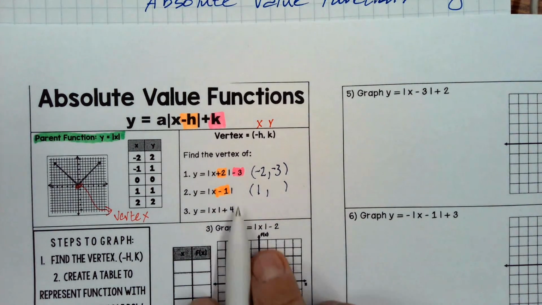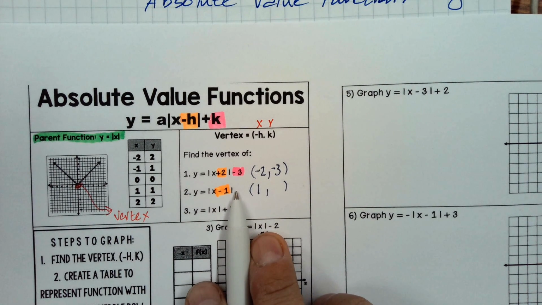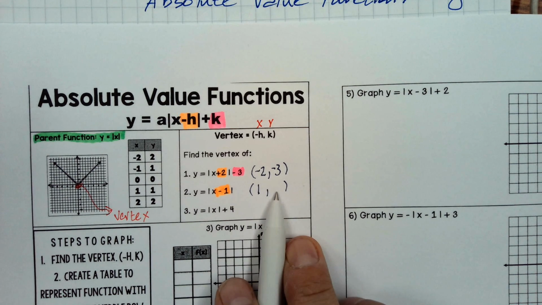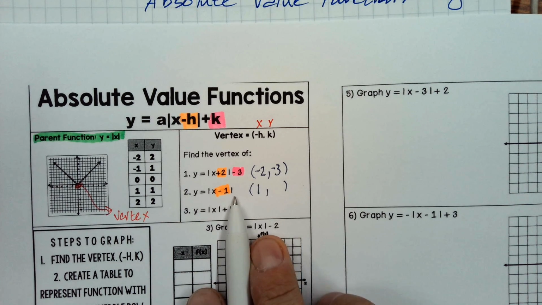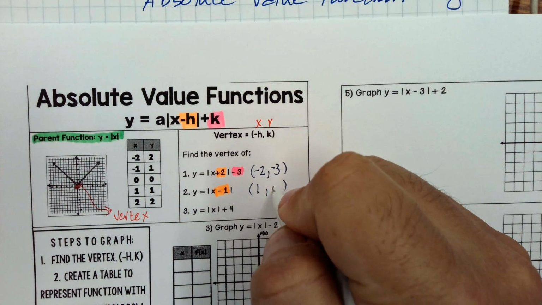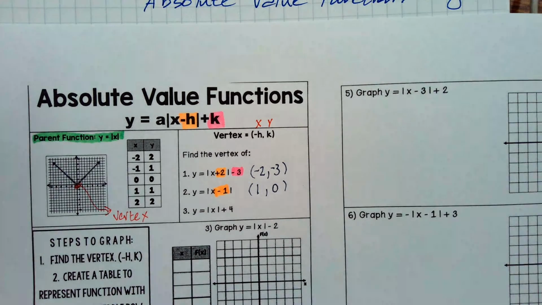I don't have anything for k. So how does that translate to our coordinate? 0. If you're not adding or subtracting anything, that means it's 0 here. So the vertex point would be 1, 0. Any questions there? Okay?